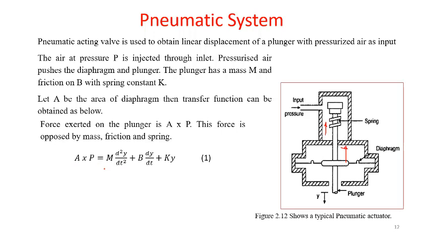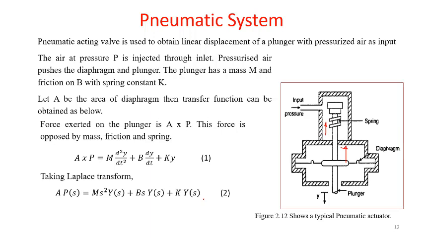At the output we have the retractive forces: mass into d square y by dt square, then the damper B into dy by dt, and the spring rate at which it retracts back, k into y. So this is the governing equation for this type of system. Next, applying the Laplace transform to the above equation, we get A into P of s equal to m s square Y of s plus b s into Y of s plus k into Y of s.